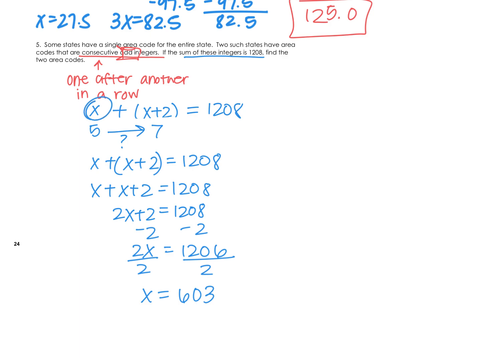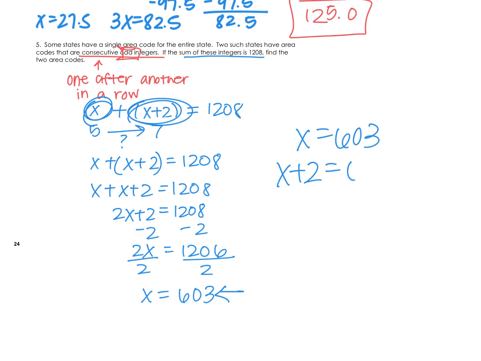The first integer was x. The second integer was x plus 2. So basically, the first area code was x. The second area code was x plus 2. x is 603. But what is x plus 2 for the other area code? 605. That's my final answer. Good catch.